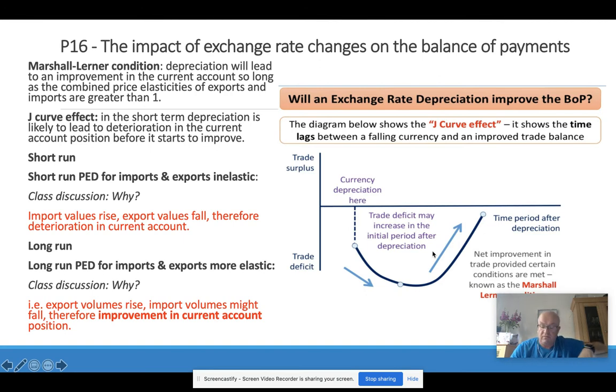Okay, so those are two key things that you need to bear in mind, two key models that you will need to be able to quote and certainly demonstrate with a diagram or two, and also explain the reasons why the Marshall-Lerner condition might be at play.